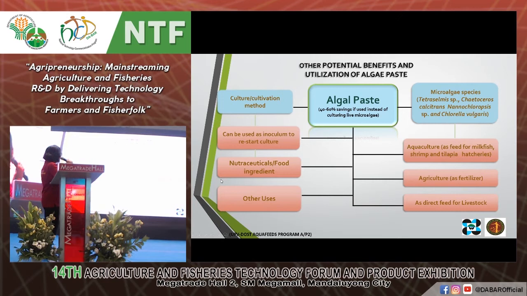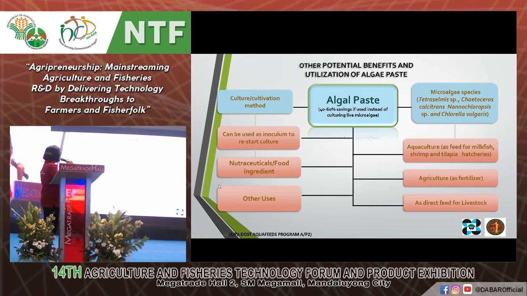So aside from aquaculture as feed for milkfish, shrimp, and tilapia hatcheries, the algal paste can serve also, once mag-expire sila after 3 months, can be used as fertilizer. Imimix lang sa soil, pwede pong gamitin fertilizer. Nagawa po yan ng isang estudyante, high school, ng Leon National High School doon sa Iloilo. And maganda po yung result niya, ginamit niya sa onion.